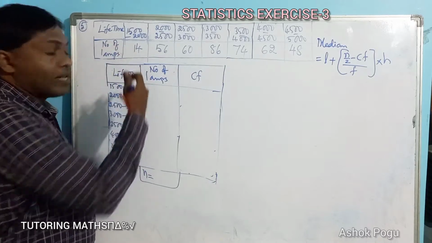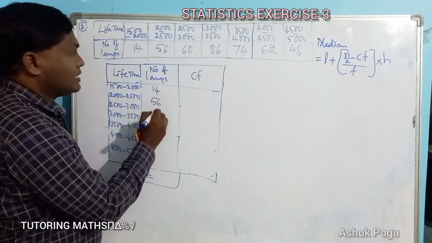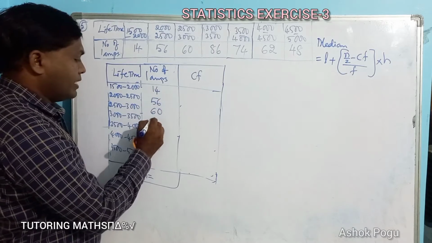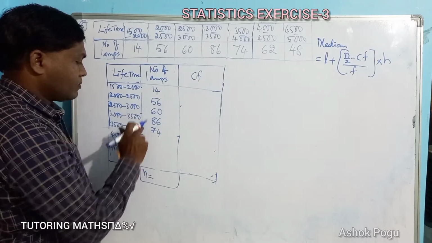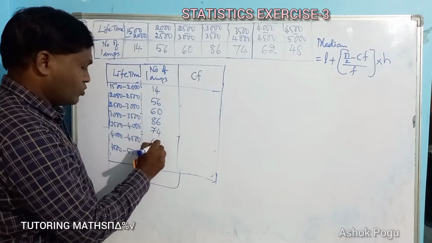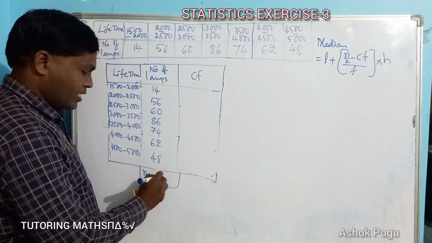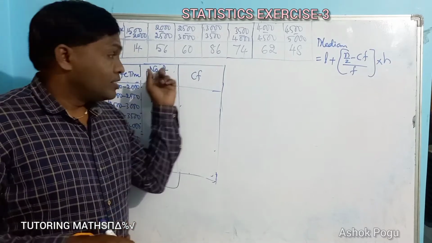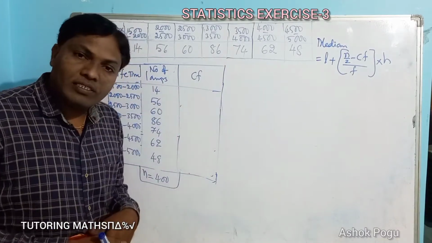Number of lamps: 14, 56, 60, 86, 74, 62, 48, and total number is 400, already given in the question. So this is the data about 400 lamps, so n value is 400.